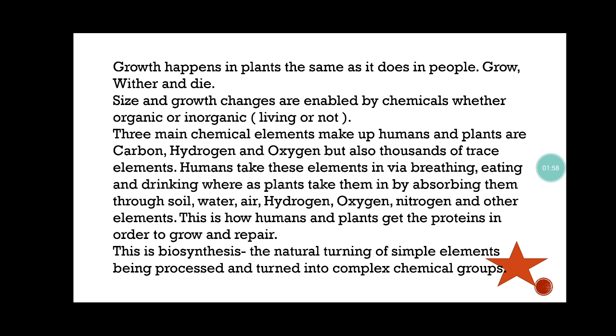Plants do obviously take them in by absorbing them through soil, water, air, so you get hydrogen, oxygen, nitrogen and other elements. This is how humans and plants get the proteins in order to grow and repair. Obviously, this is biosynthesis, the natural turning of simple elements being processed and turned into complex chemical groups.